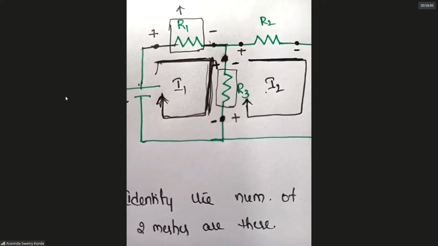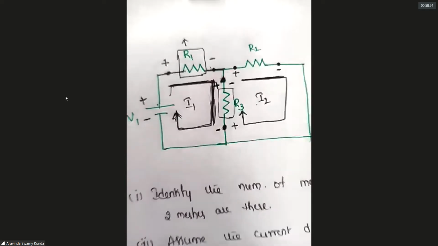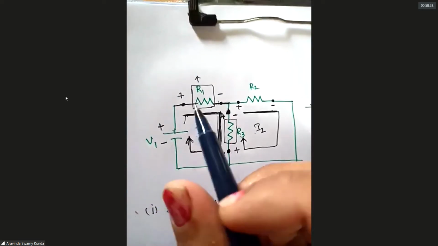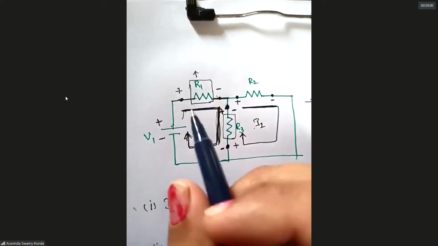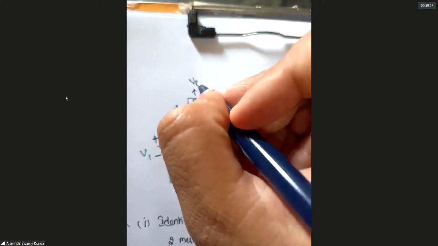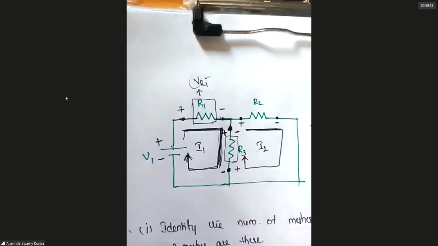Yes, sir. Very good. So how many voltages are there in this mesh? One voltage is there. How many voltage drops are there? Two voltage drops are there. So I indicate the voltage drop of a resistor as VR1, which is nothing but the voltage drop across R1.